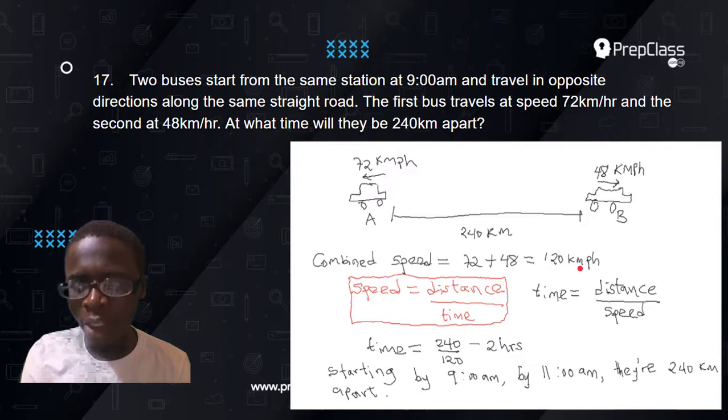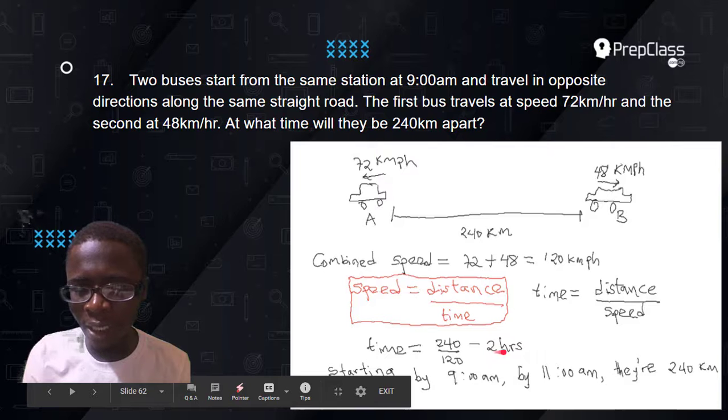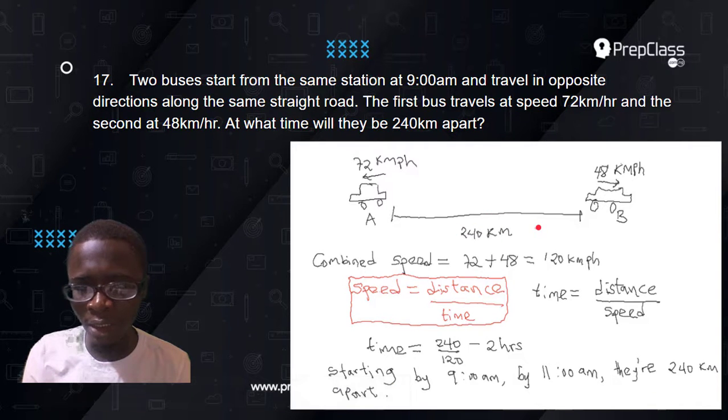And of course, in 2 hours, they will be 240 kilometers apart. And this is what we actually saw here analytically. So it means that they will take 2 hours from their starting point to achieve this distance.